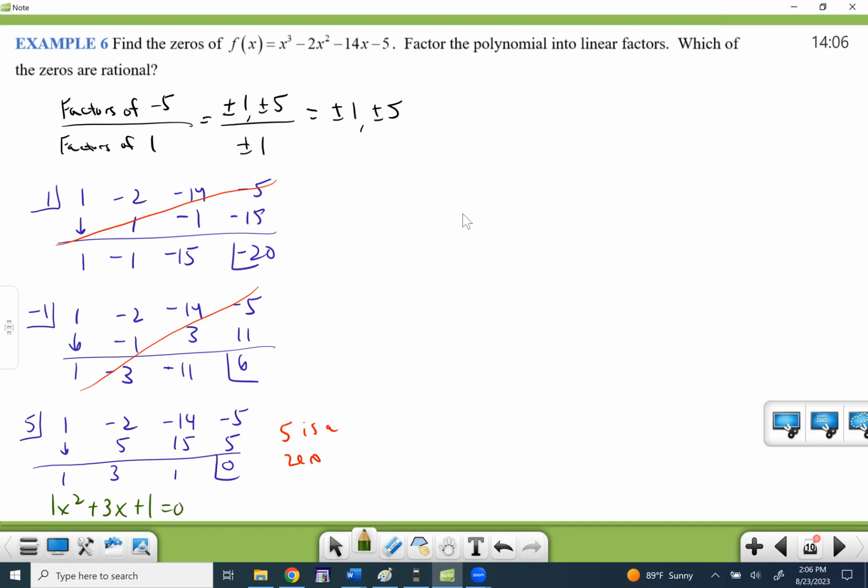When I bring this up over here, I will not write the 1 in front. So this is x squared plus 3x plus 1. Now we're going to use the quadratic formula, okay? This doesn't factor. There's no factors of 1 that add up to 3. So we're going to use the quadratic formula.